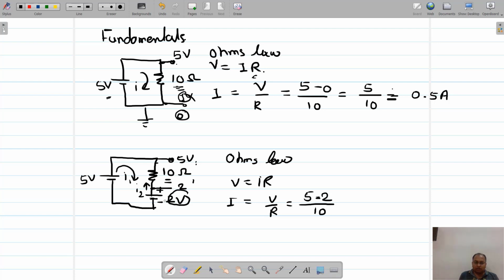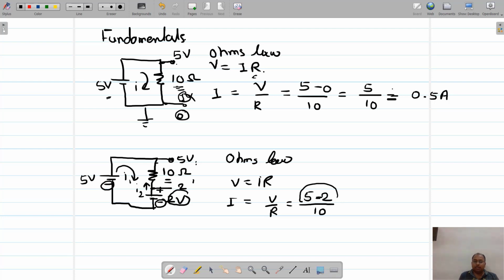Again, recall the concept we discussed while discussing mesh analysis. The minus of this battery is connected to the minus of the other battery. That's why the 2 will be subtracted from the 5. And if this voltage is reversely connected, then definitely it is going to get added.